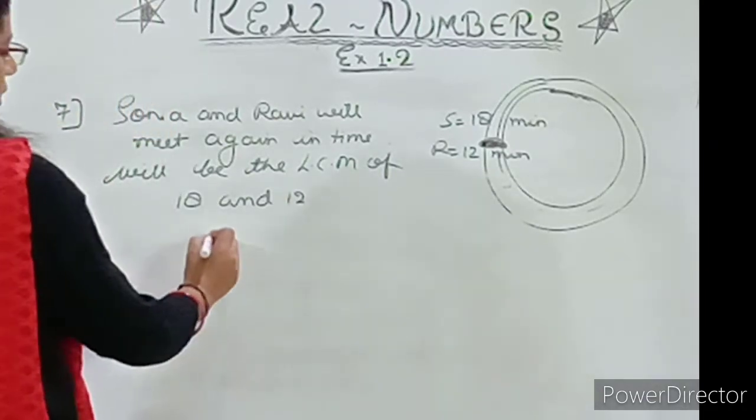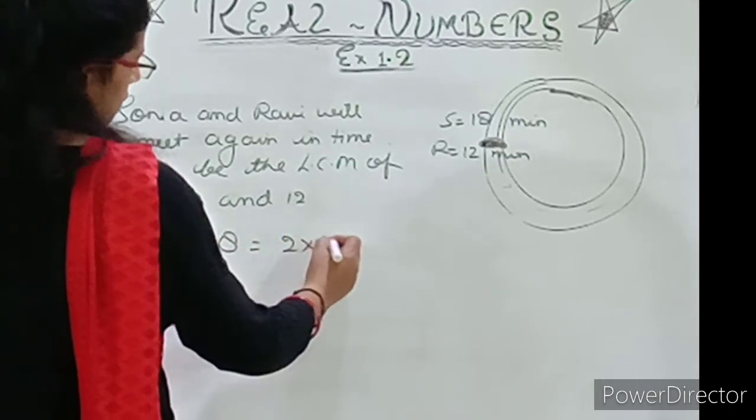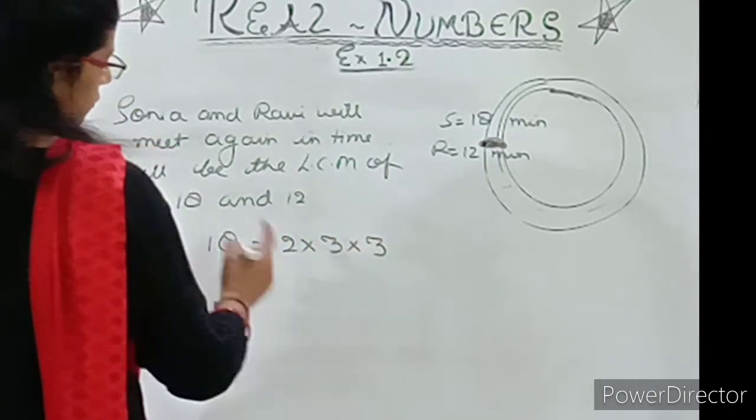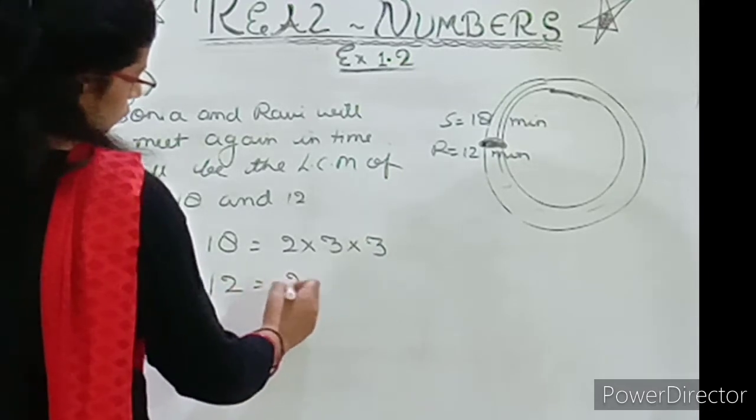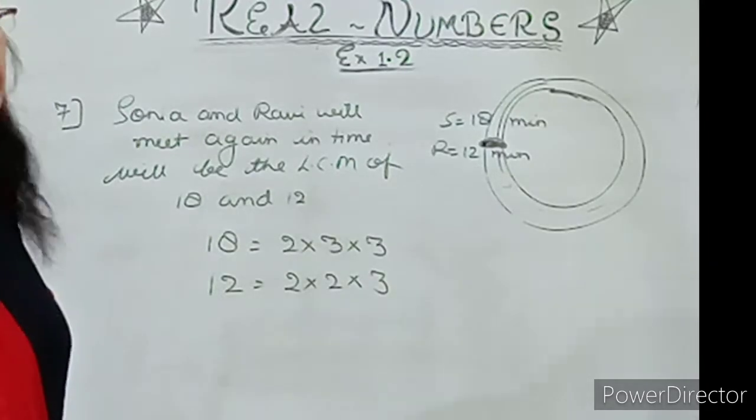Now you can find the LCM. Do the factorization of 18. 2 9s are 18, so 3 3s are 9. And 12, 2 6s are 12, 2 3s are 6. These are the factorizations of 18 and 12.